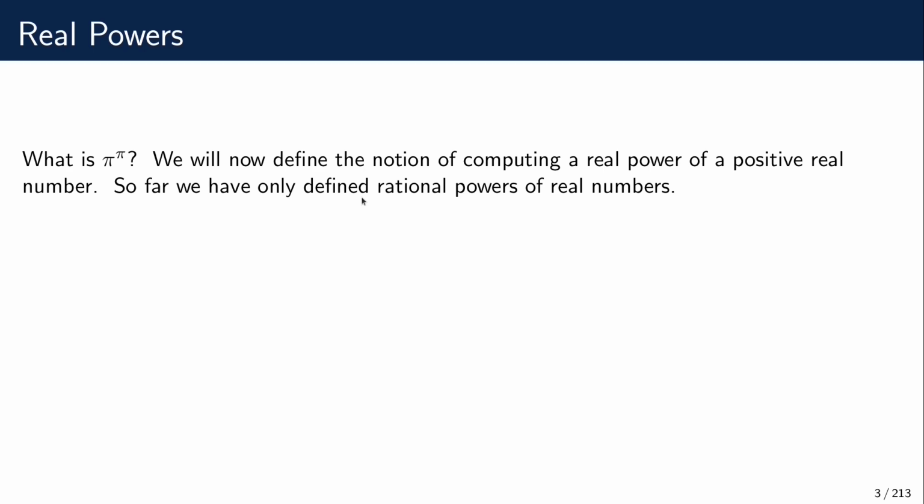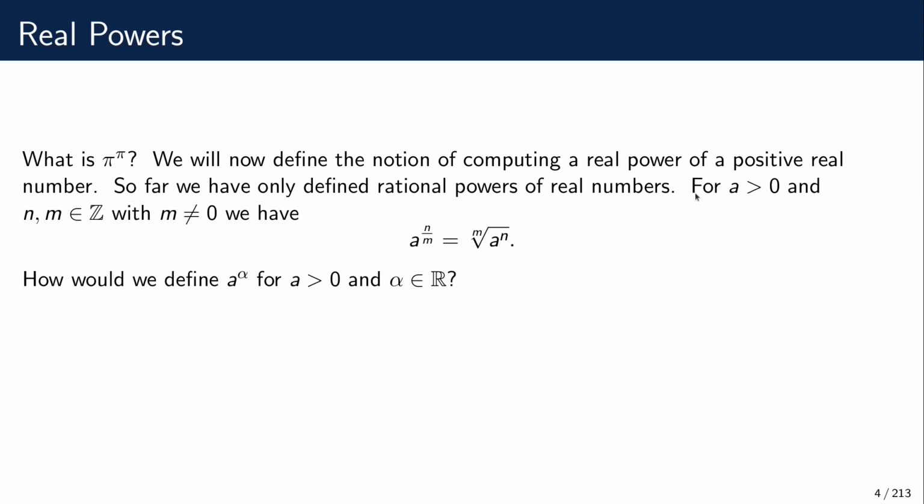So for example, if we have a real positive number a, and n and m are integers with m non-zero, then a to the power of n over m is the m-th root of a to the power of n. And you can see that it's well defined, even if one of them is negative, because if the exponent is negative, that means that we need to take the reciprocal of a and then do the same operation.